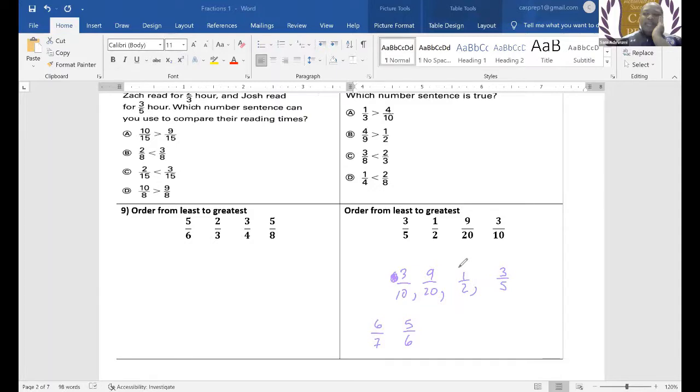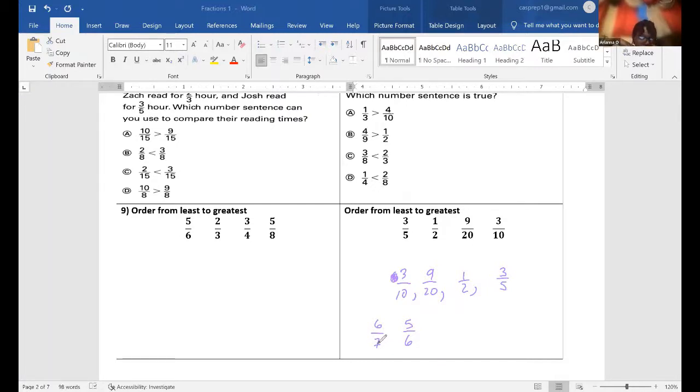If these were pies, right? 5/6. How many slices would be in the pie? 6 slices, right? 6/7. How many slices? 7 slices.